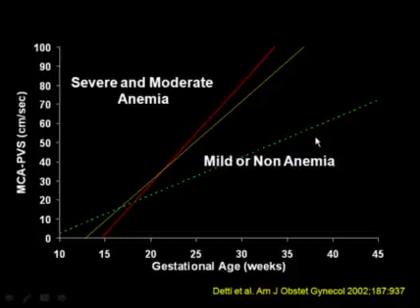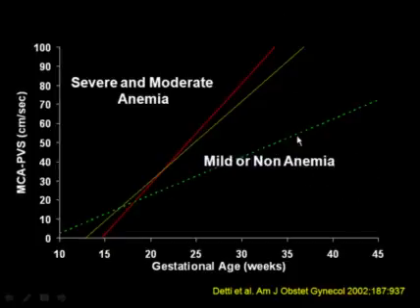We don't bring the patient back in a week or 2 weeks because it is not necessary. Whereas if it is between the green and the yellow-red line, we repeat the scan usually in 1 week, and if it is to the left of the red line and the middle cerebral artery peak systolic velocity is still below the 1.50 multiples of the median, we repeat the scan in 2 or 3 days to see if we can confirm the values or not.